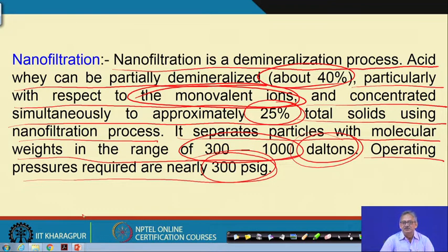So high pressure you need for this nanofiltration, and the particles which you are separating are around 300 to 1000 daltons, right. So this is another technique by which you can separate.